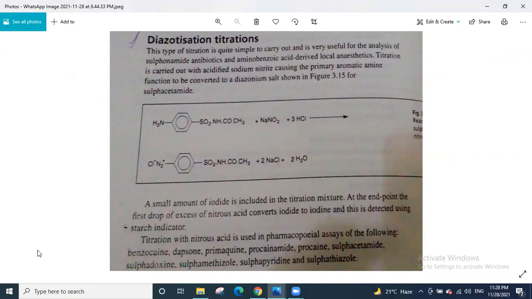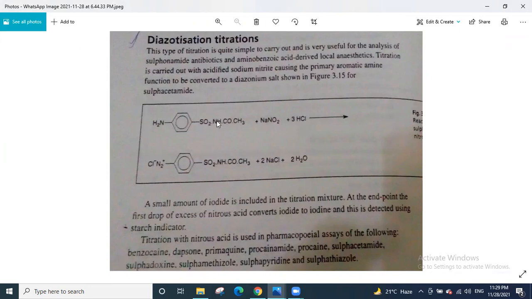What is diazotization titration? We can use this type of titration to quantify different substances like benzocaine, procaine, or all of the sulfonamides that contain primary aromatic amines. We consider this diazotization reaction in the redox titration.